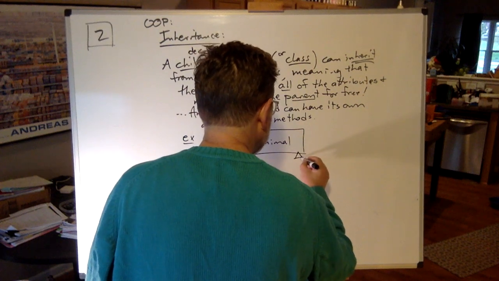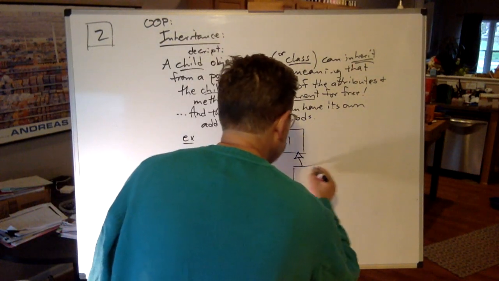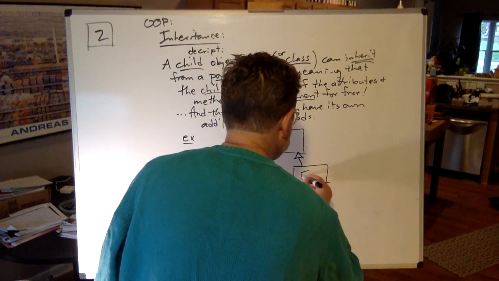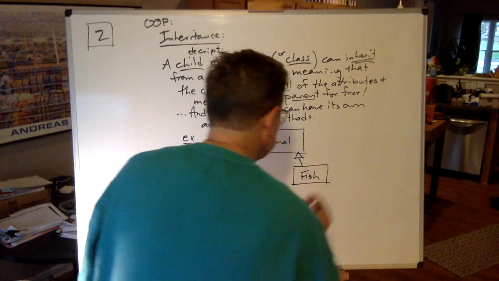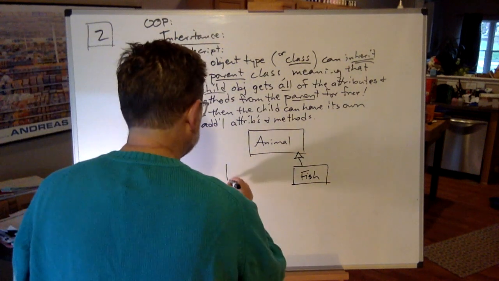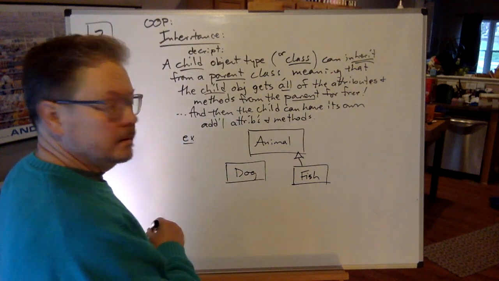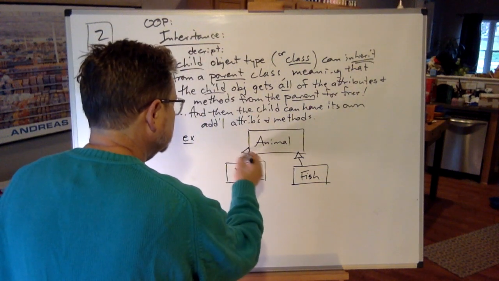For example, now I'm drawing this arrow very strange. It looks like a white arrowhead. I'll explain in just a second. Fish. This is an animal. You knew it was coming. I might as well break the seal on it. Here it is. Dog. Dog is also an animal.